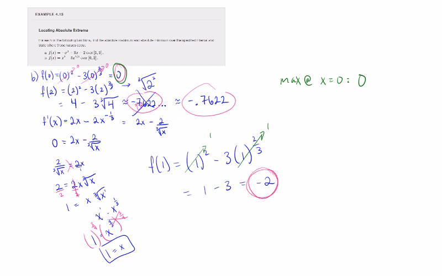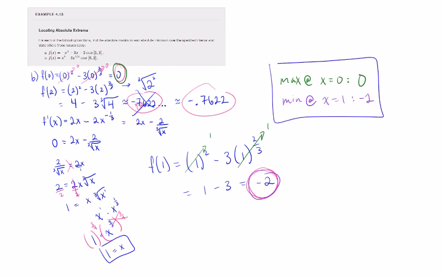The answer would be -2, right? And so we have an absolute minimum at x equals 1, and the minimum value is -2. So those are our max and our min.